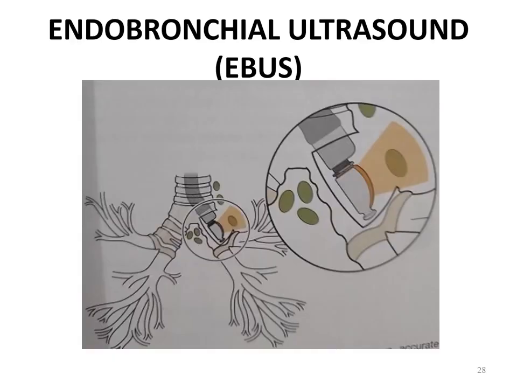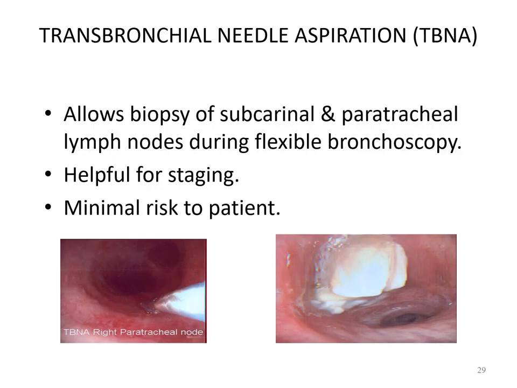Now, this endobronchial ultrasound is an advancement. This is an ultrasound passed through the bronchoscope, as an attachment on the bronchoscope. It can assess masses outside the bronchial tree. You can see in this diagram. Now you can aspirate through the transbronchial needle and take a biopsy.